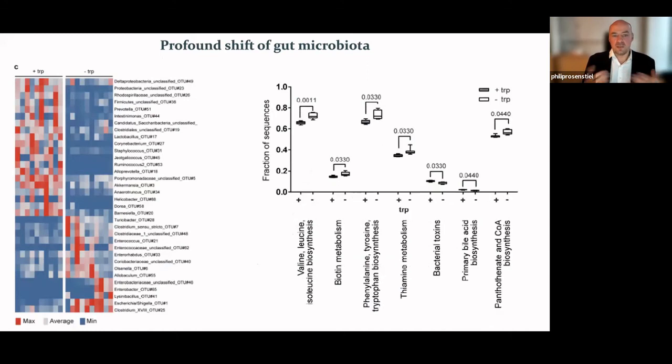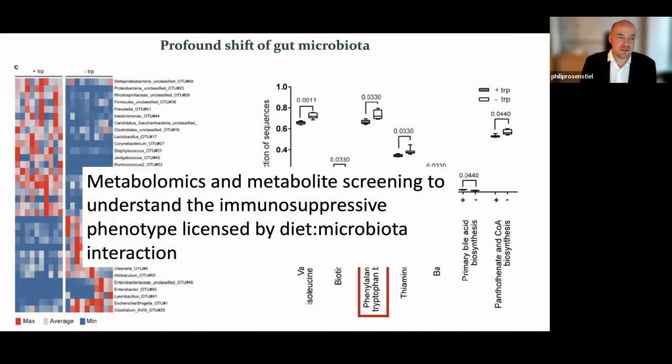When we do metagenomics and prediction of metabolic networks, we see certain things that are over or underrepresented under such conditions. But at some point, we found that the finding itself was so fundamental that we wanted to publish it. So we are still left with metabolomics and metabolite screening to understand this immunosuppressive phenotype, which we think is very important, because it would mean a completely new avenue into using diet microbiota interactions to dampen autoimmune responses in the brain.